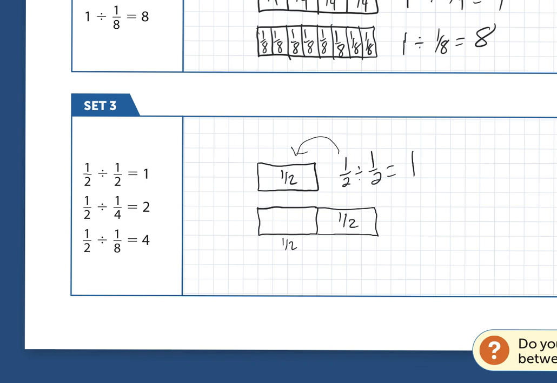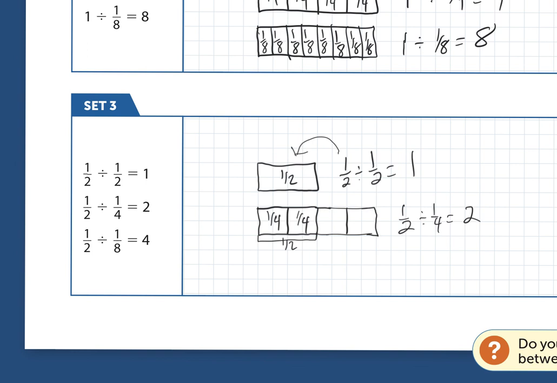If I divide the whole box into fourths, now I have 4 parts of my entire box. How many of the 1/4 parts are in the 1/2? Well, that is 2. So 1/2 divided by 1/4 equals 2.